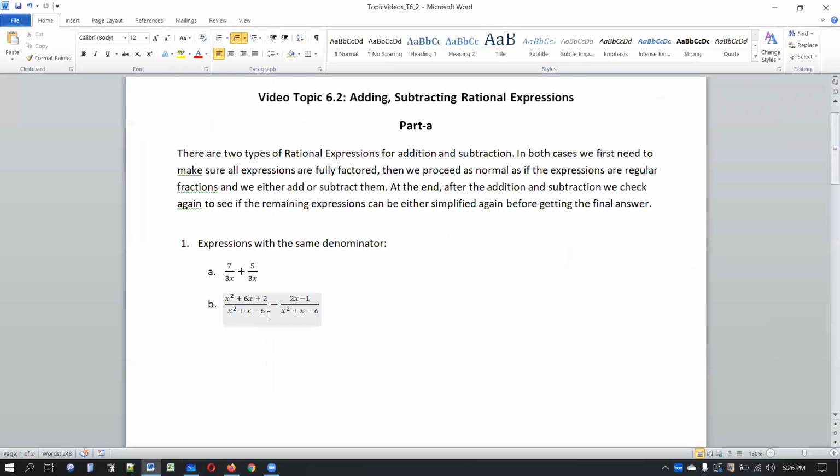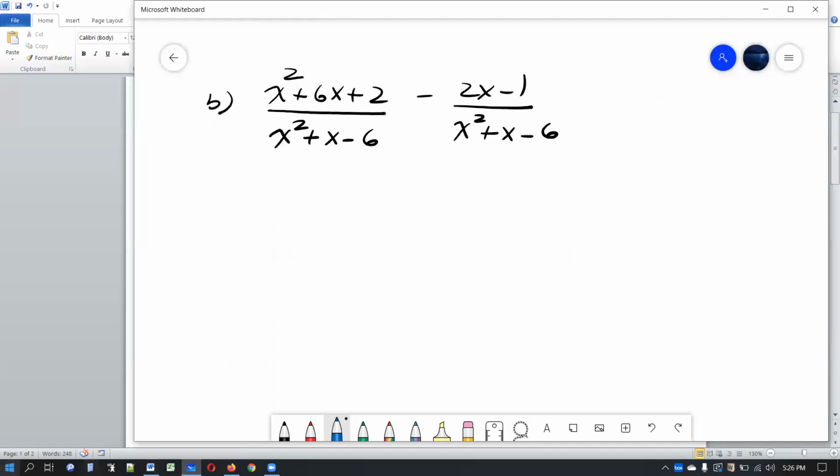All right, so here's the second example, and notice again, both denominators are already the same, which makes our jobs a little bit easier. So we notice that they are the same. When they are the same, all we do is we combine both fractions under the same denominator.